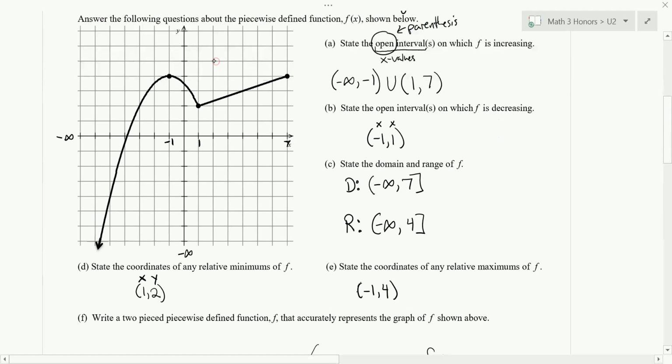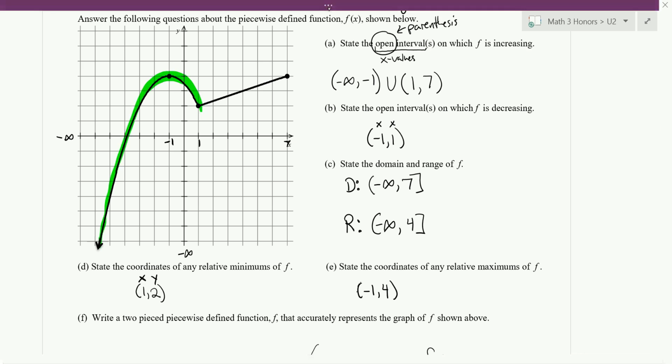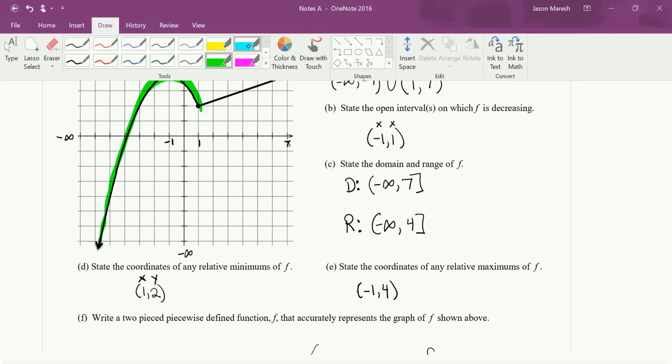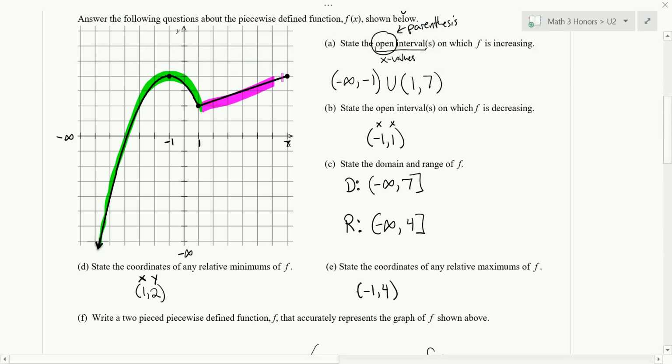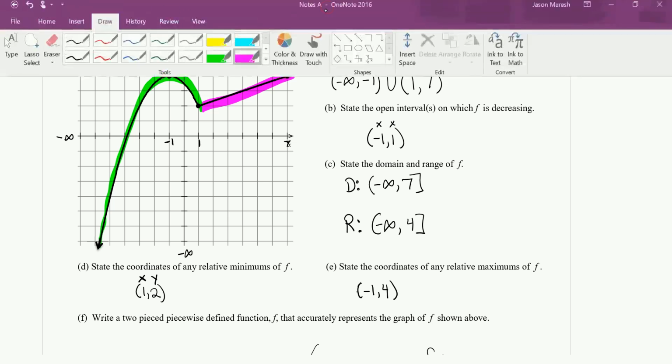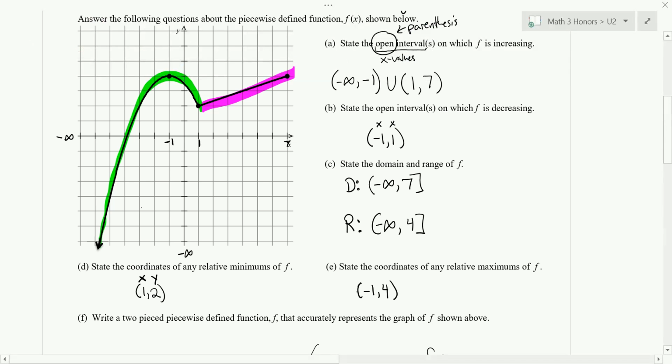So we have two pieces here. We have our parabola as our first piece, and a segment of a line for the second piece. And for the equation of the parabola, we're going to start with the parent graph, but it's been moved to the left one, up 1, 2, 3 units.